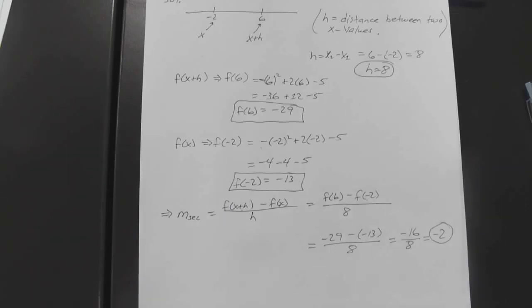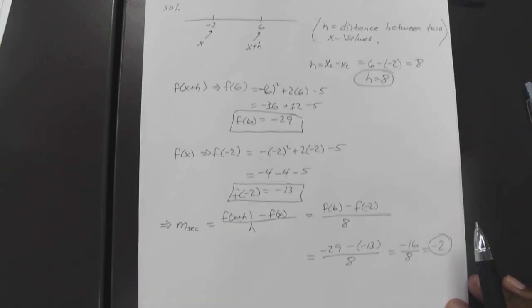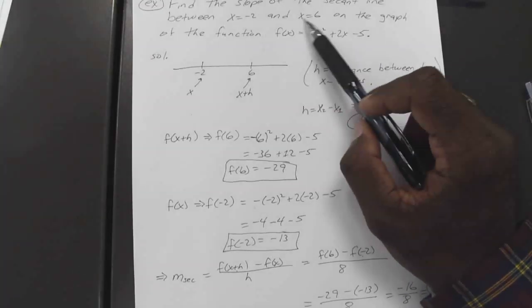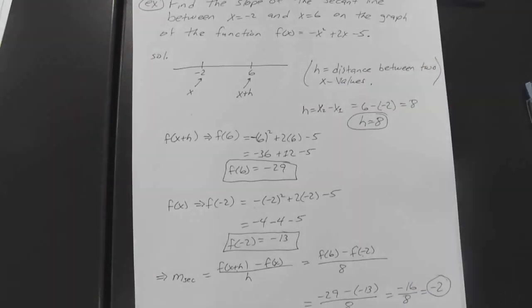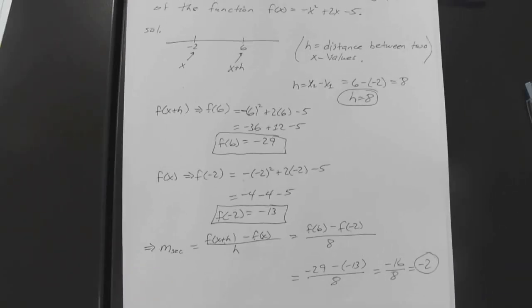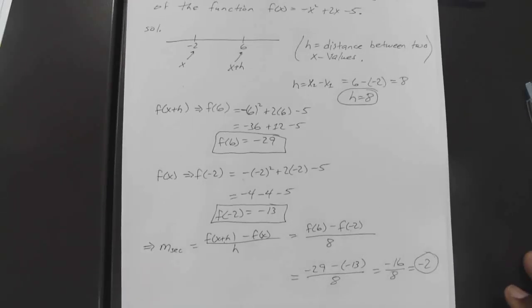Okay, so that's the slope of that function between those 2 points. Now, if you change the 2 points, of course, the slope changes with it. But that's the secant slope for those 2 points. All right. Any questions on that one?